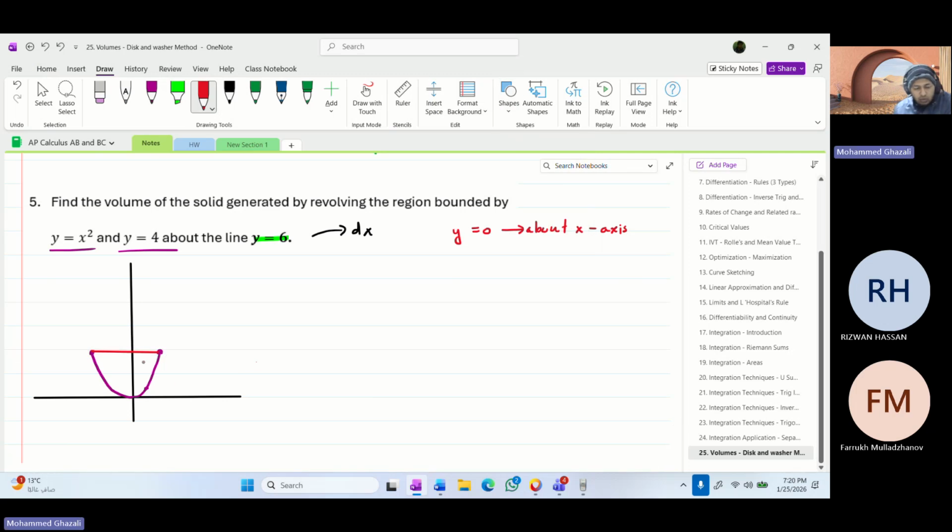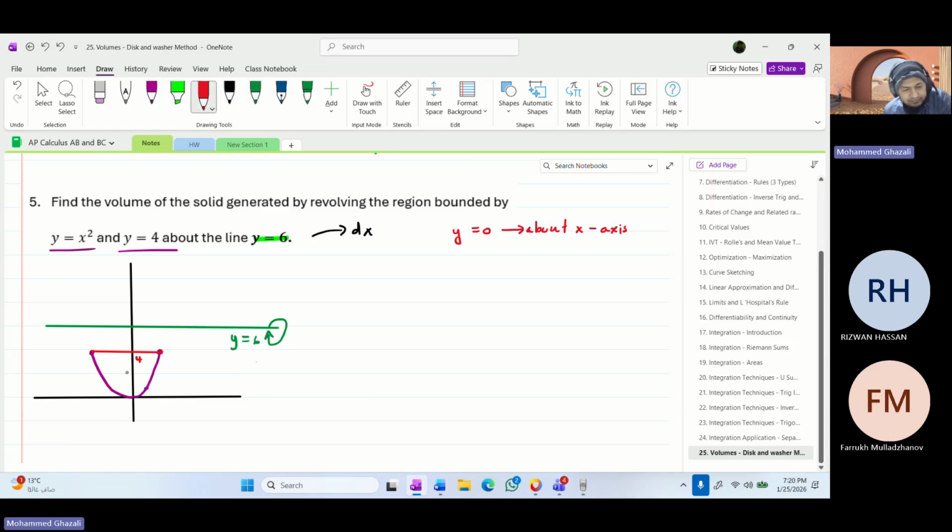So obviously now you have this point here, which is basically 4, right? And you are rotating now about this line. Look at the line that you are rotating about. That line, right? This is y equals 6.